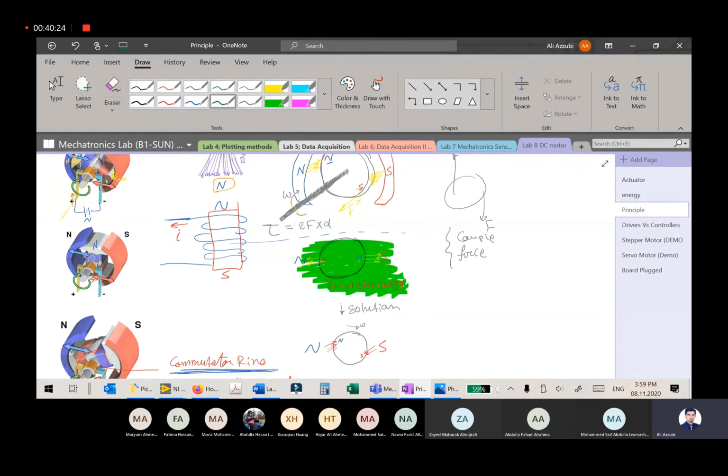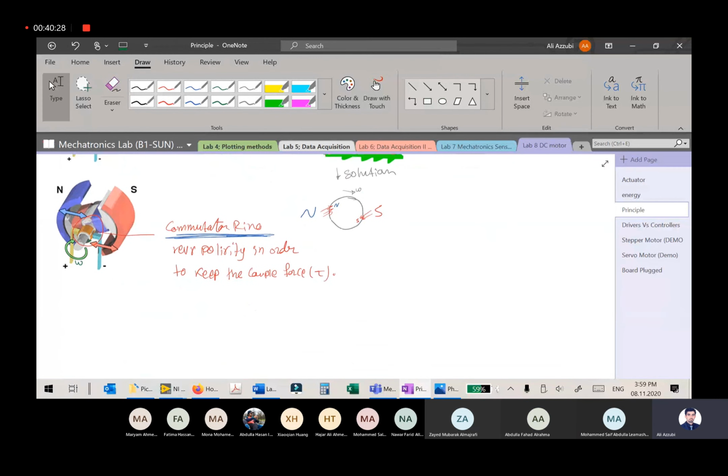Now we have seen the necessity of this commutator ring, and basically here we use brushes to have electrical contact. At the same time, there is motion. So these were the carbon brushes.